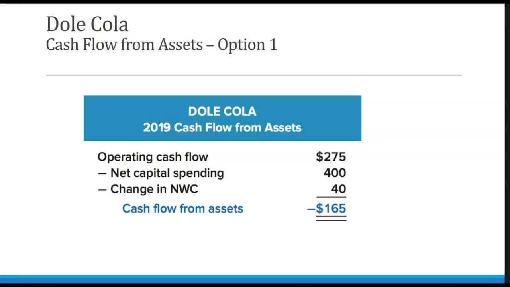Then for our cash flows from assets, we have our operating cash flow minus net capital spending minus the change in net working capital. In this case, we have a negative cash flow from assets that comes from that financial investment in our net capital spending, where we bought property, plant, or equipment.